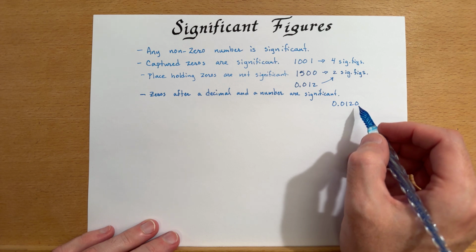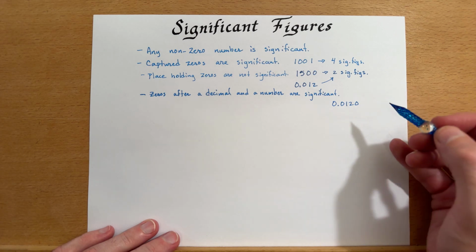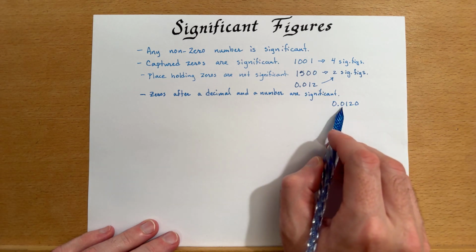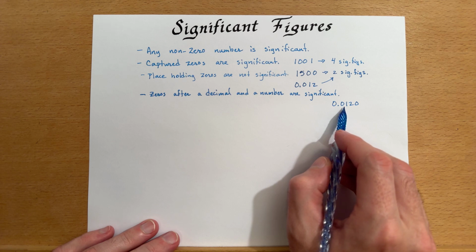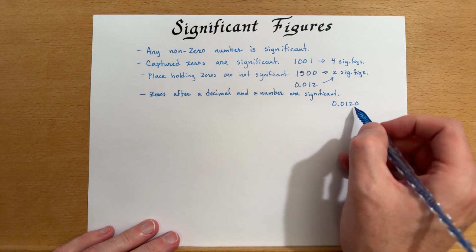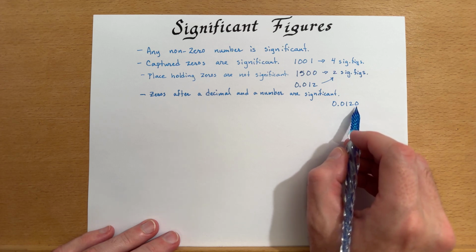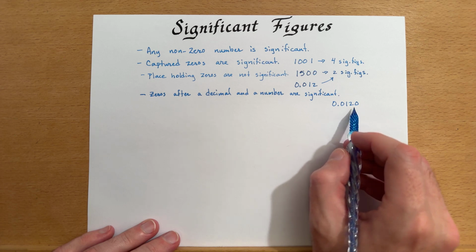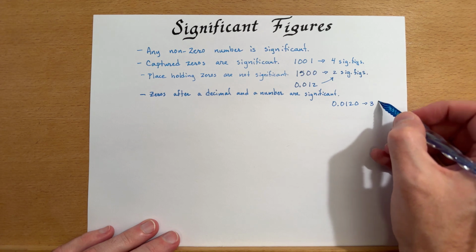Therefore, it must be significant because we put it there on purpose and not because we needed to. The 0 in front of the 1, 2 must be there so that the value is the same value. This 0 does not need to be there in order for the value to remain 0.012. So this has 3 significant figures.